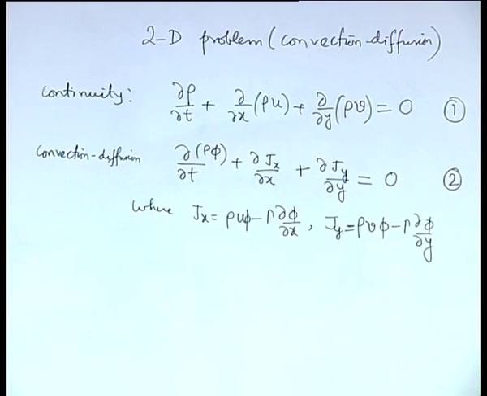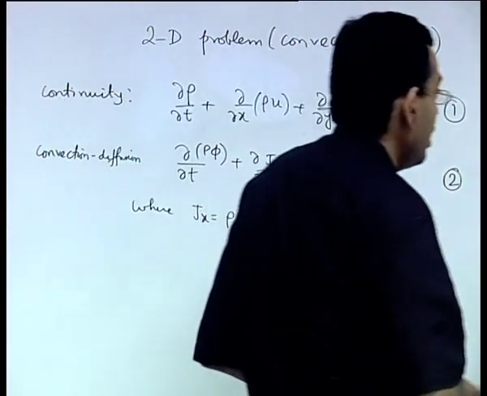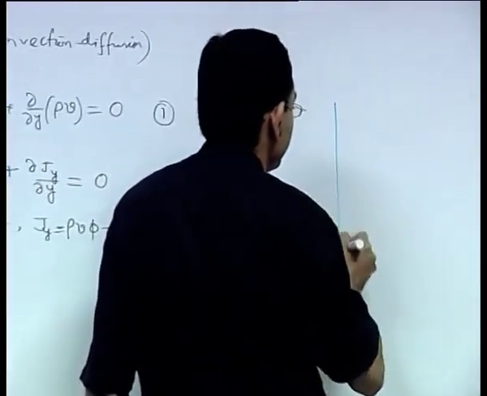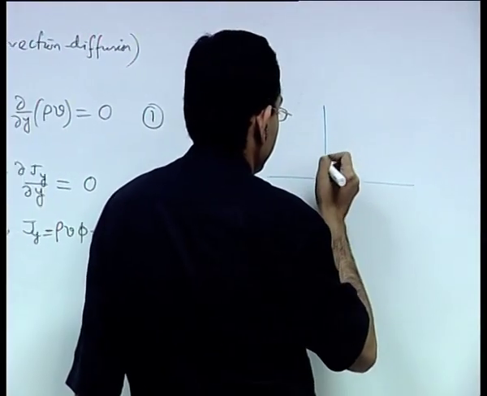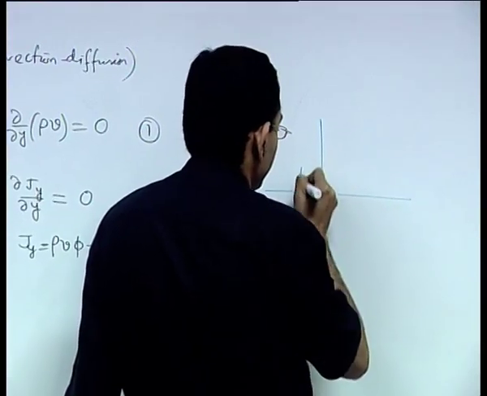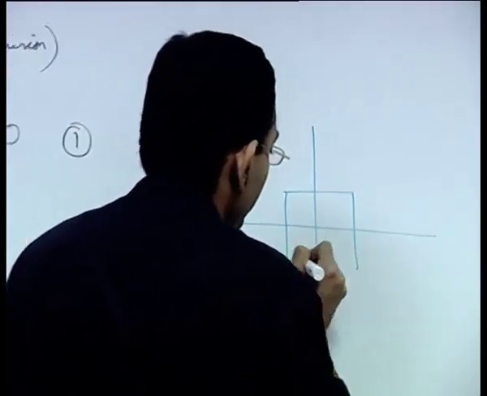Let us consider the grid layout. Let us say that this is the control volume.